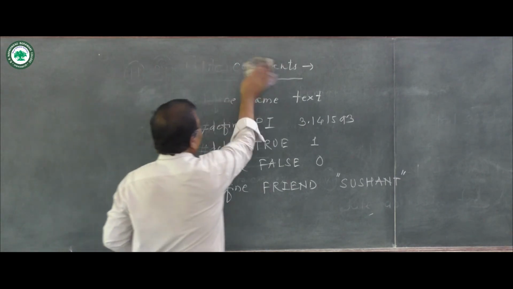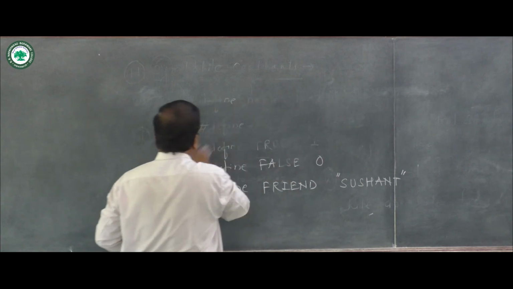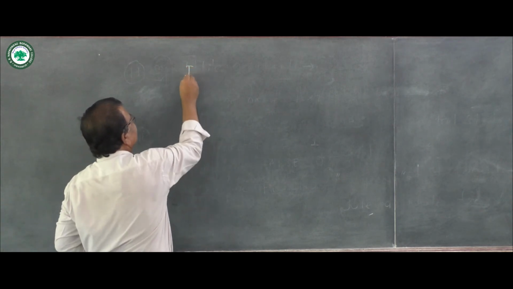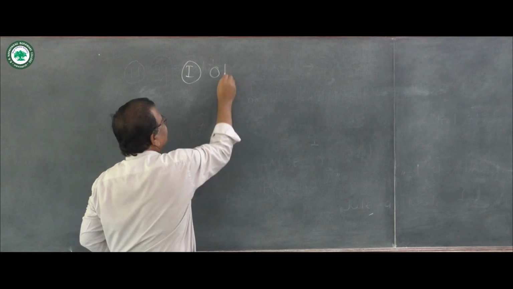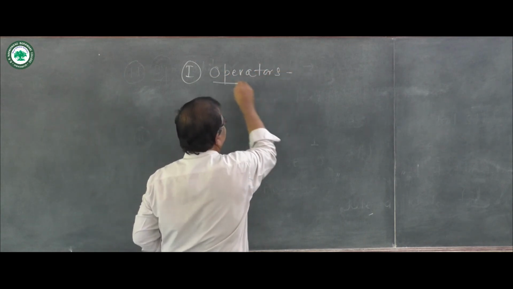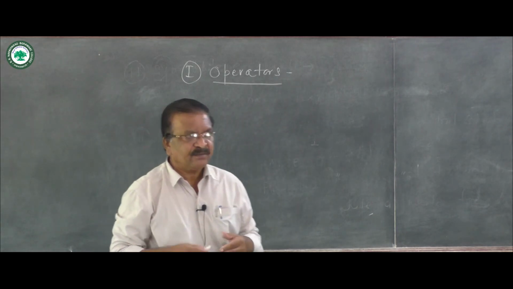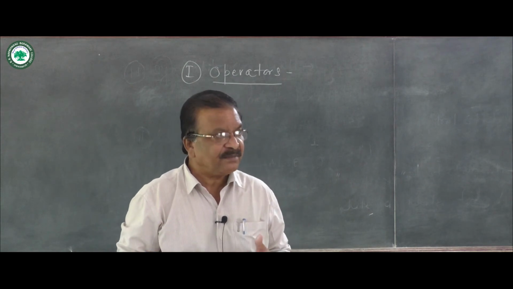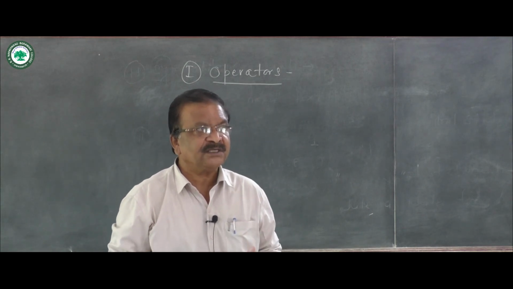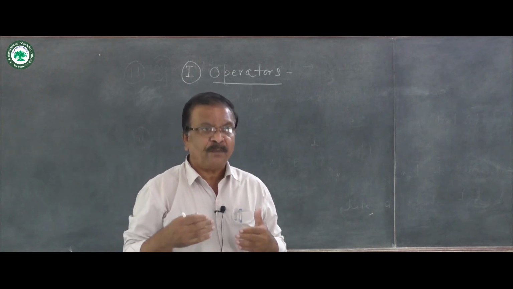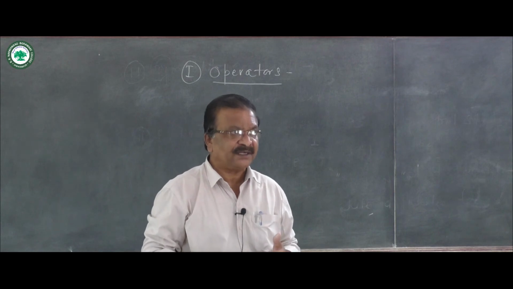Then after symbolic constants, we will go to the next article, namely operators. Operators in C. An operator is a symbol that tells the computer to carry out some arithmetic or logical manipulation, and the data items on which an operator acts are called operands.